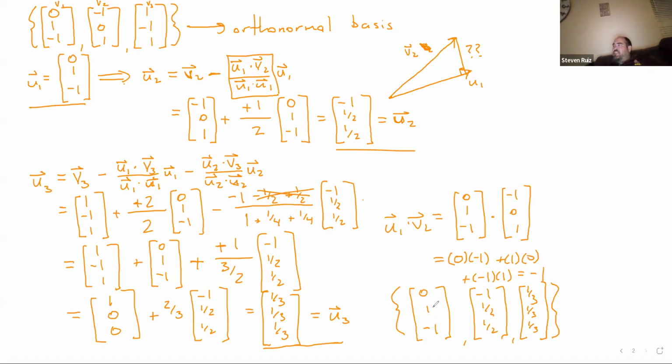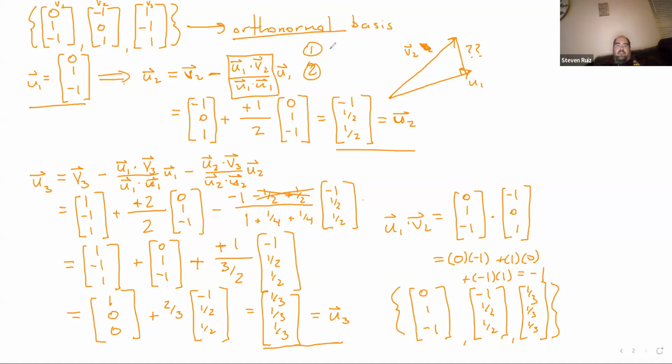But this new basis needs to fulfill some requirements. What requirements are those? We have this word orthonormal, but we haven't really unpacked what that meant. So what does it mean for a basis to be orthonormal? Basically there are two things we have to watch out for.